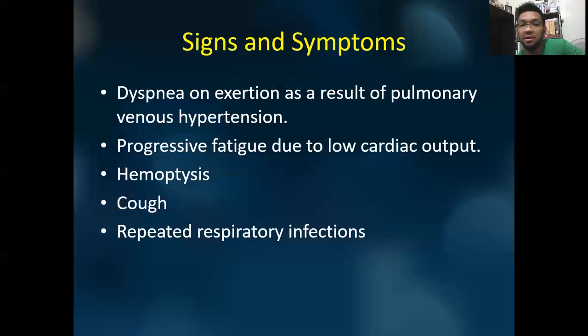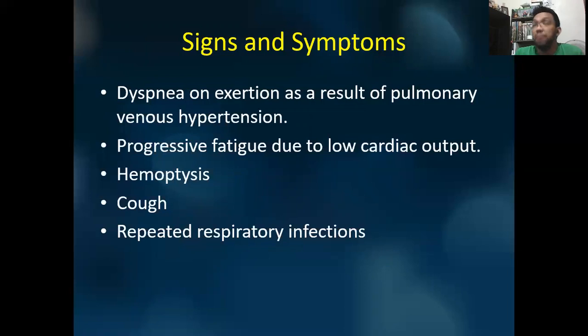Signs and symptoms. There's dyspnea on exertion. So when the patient is doing an activity and has a mitral stenosis, this can cause dyspnea as a result of pulmonary venous hypertension. Because how is blood going to go through the stenotic mitral valve if it's narrowed?